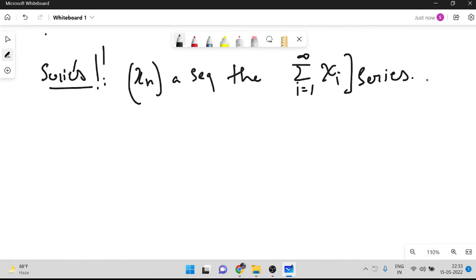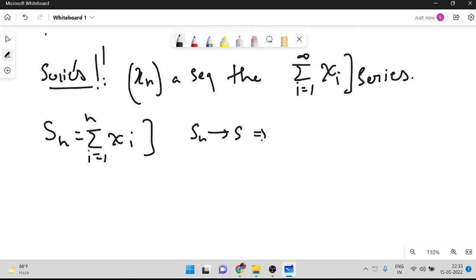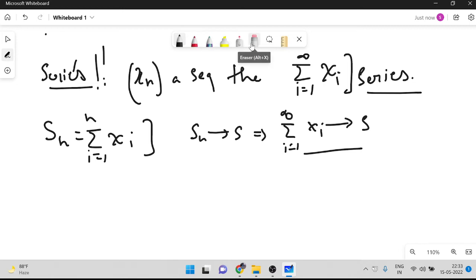You can write a series also as a sequence: Sn equals sigma i equals 1 to n xi. So basically if Sn converges to some s, then sigma i equals 1 to infinity xi converges to s. So series can also be written as sequences, and now we'll see some examples.